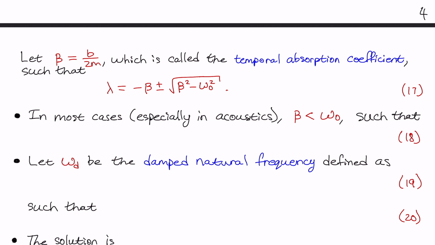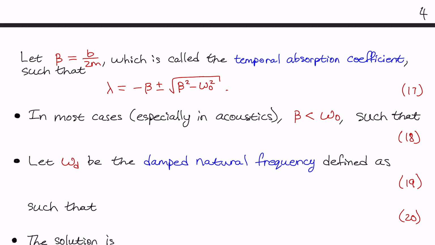In most cases, and this is especially true in acoustics and also in general vibrations, we'll find that this beta term, the temporal absorption coefficient, is going to be less than omega 0, such that the quantity inside the square root is going to be negative pretty much always.